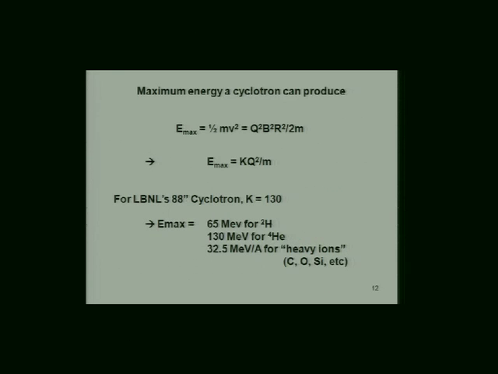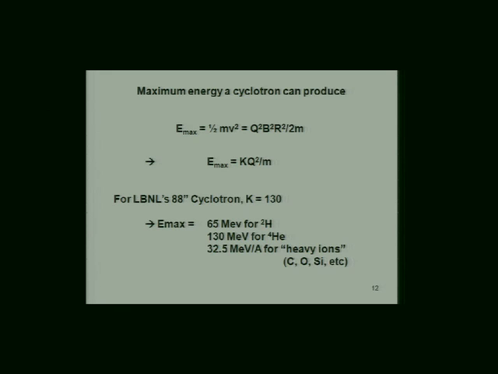And in terms of calculating the energy, these are what are called low-energy nuclear physics projects these days. And what that means is that for most applications, we can get away with mechanics. We don't need special relativity. And so I can say that the kinetic energy of the particle that emerges from the cyclotron is 1/2 mv squared.